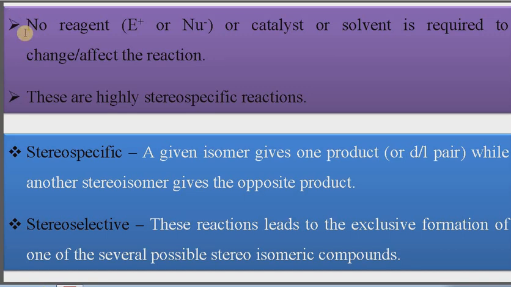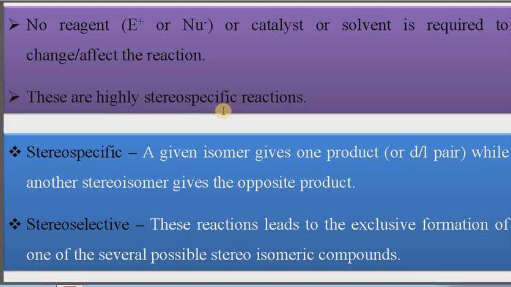What is the meaning of this word stereospecific? The meaning of stereospecific is that one isomer gives one stereoisomer. Say we have taken a particular stereoisomer, then we will get a fixed product, right? One product or DL pair.